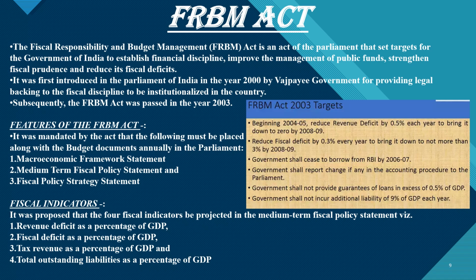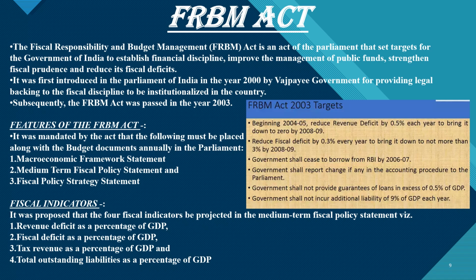The Fiscal Responsibility and Budget Management is an act of the parliament that sets targets for the government to establish financial discipline, improve the management of public funds, strengthen fiscal prudence, and reduce its fiscal deficits.